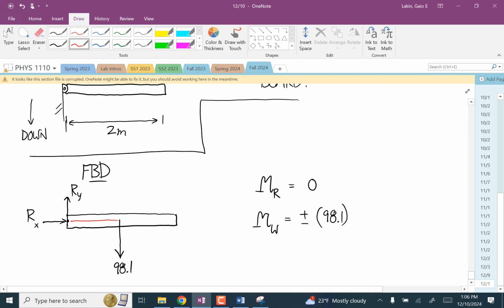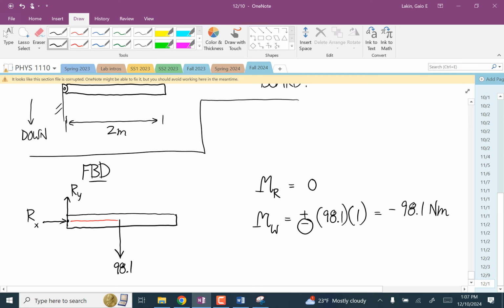So what's that red length? 1 meter. 1, yep. And now would this weight force, this downward force at the middle, make it rotate clockwise or counterclockwise around the hinge? Clockwise, yep, so negative. So we have negative 98.1 Newton meters.